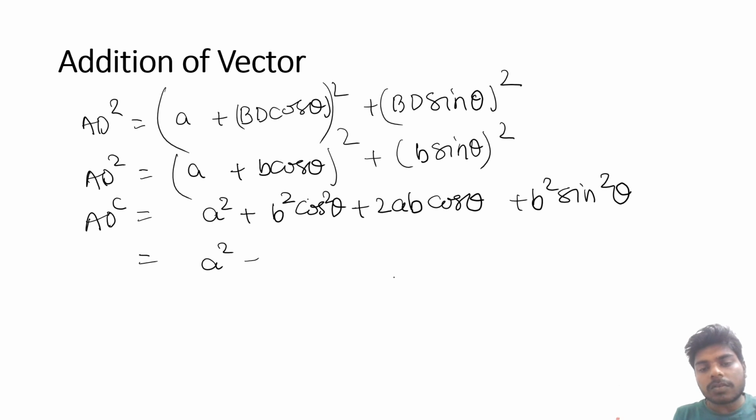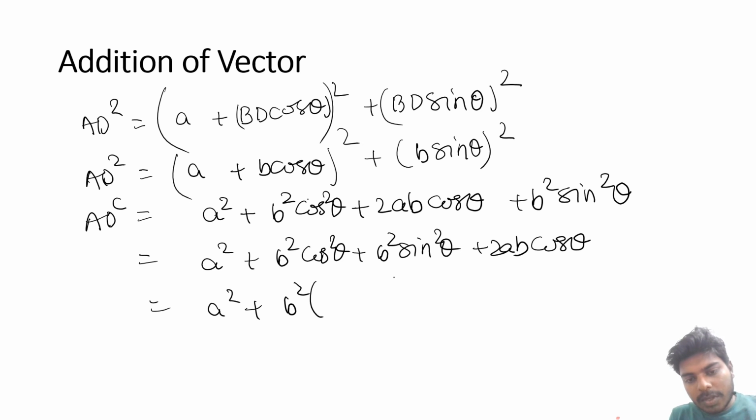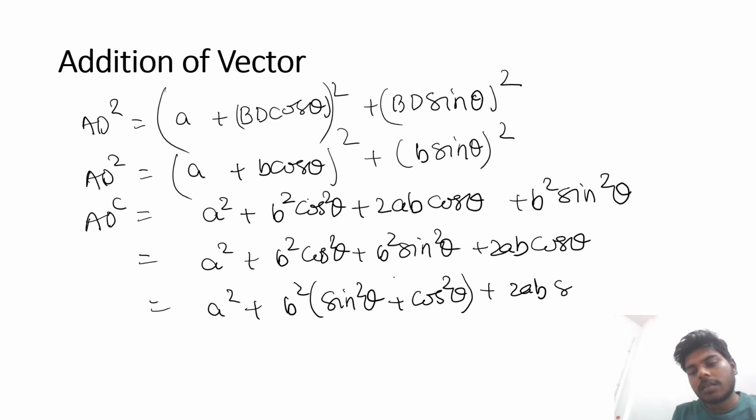Again taking A square, B square cos square theta plus B square sin square theta plus 2AB cos theta. Take B square common. This will become sin square theta plus cos square theta plus 2AB cos theta.